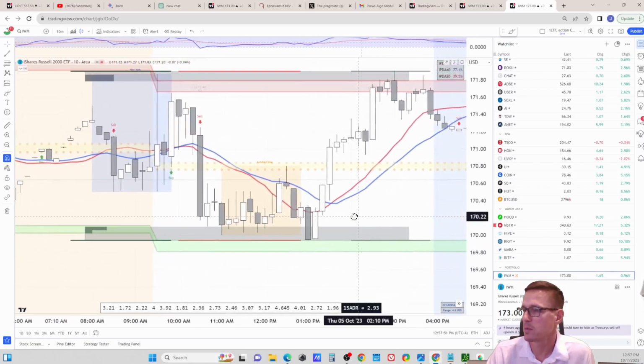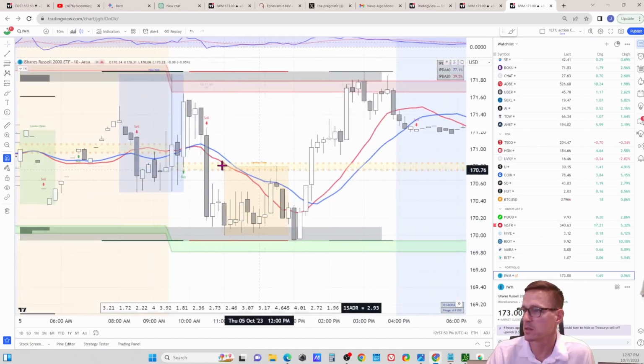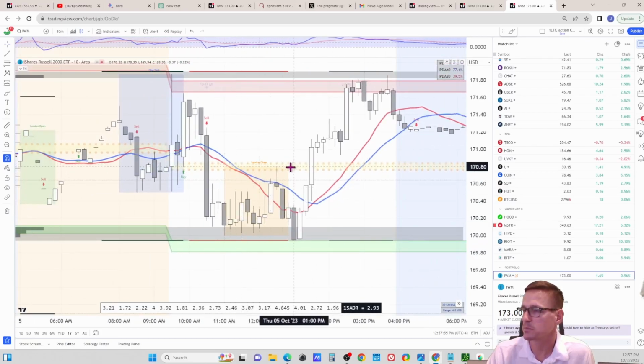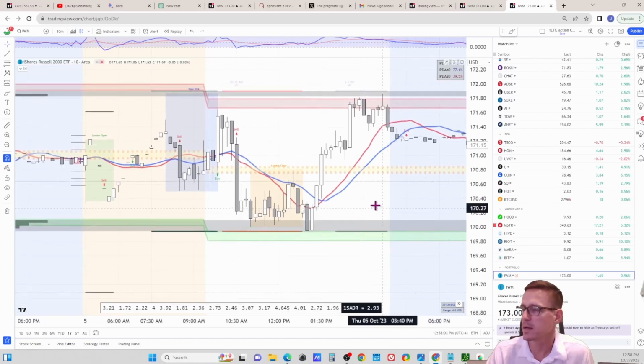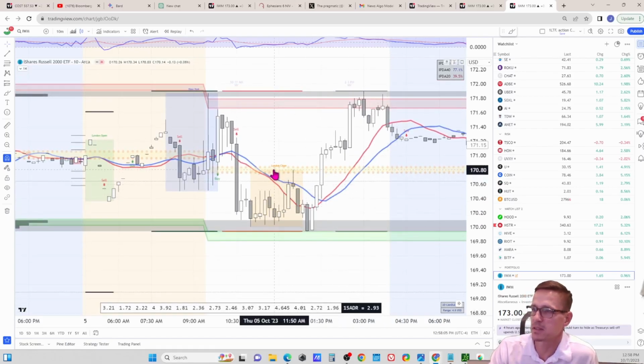Another thing that would have made me hesitant to enter is we have this yellow daily range. It's below the daily range, and I don't know. I've got to see, there's some statistics on this, and I don't know the rules exactly.